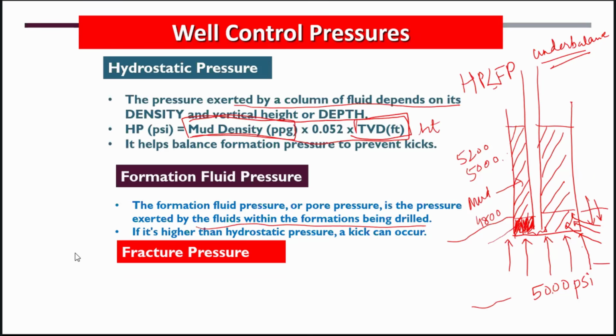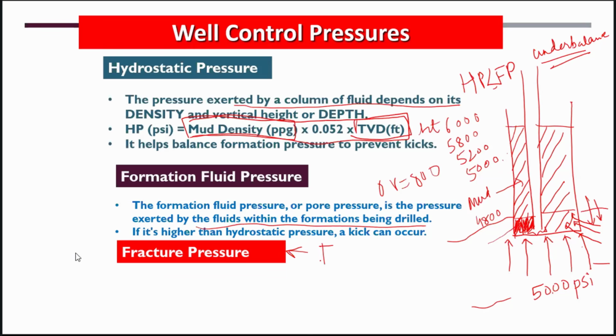Like you are keeping overbalance while drilling, you can keep the pressure at 5200, then your overbalance will be 200 psi. If you keep it at 5800, then your overbalance will be 800 psi. You can keep it at 6000, or 10,000, 20,000, but no, there is an upper limit. What is that upper limit? It is called fracture pressure.